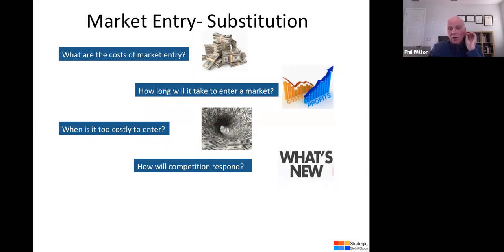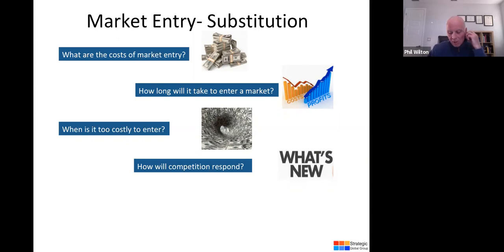In fact, they actually took them away. They took product features away to make it more cost effective. For example, they don't do transfer baggage, and they don't coordinate with other airlines for connections. So they took away cost, they took away features, which made it more productive and cost effective for them to enter.